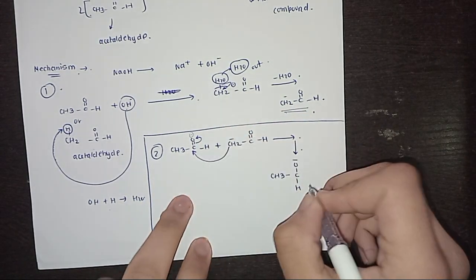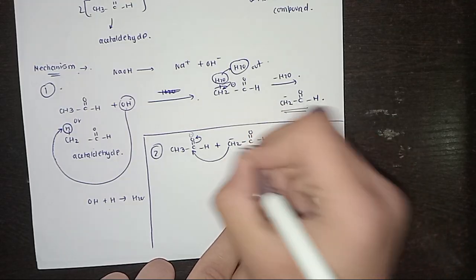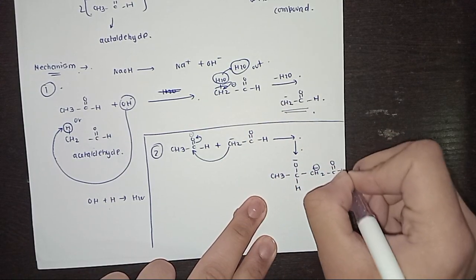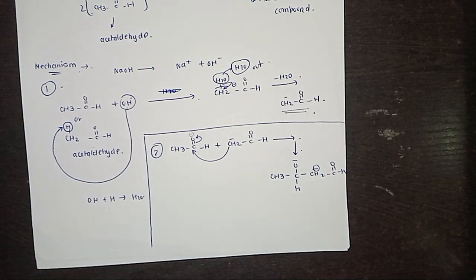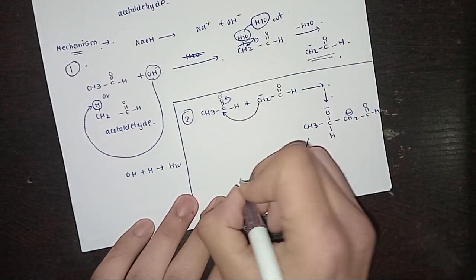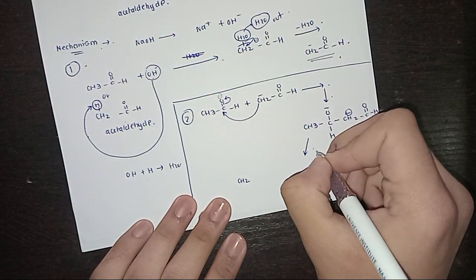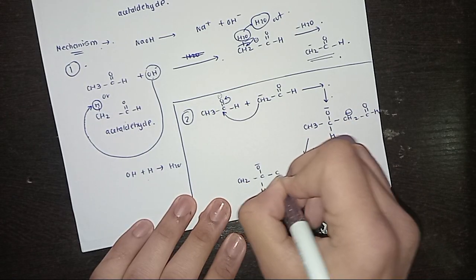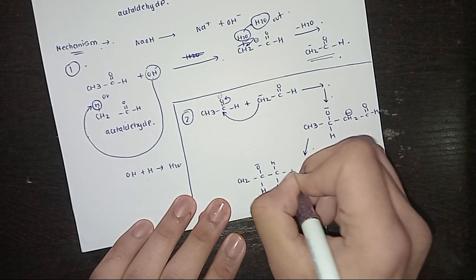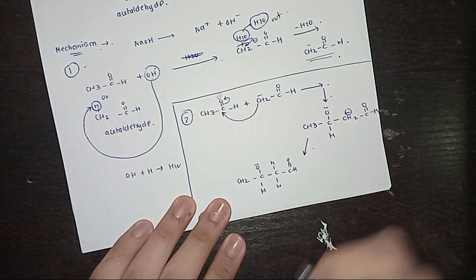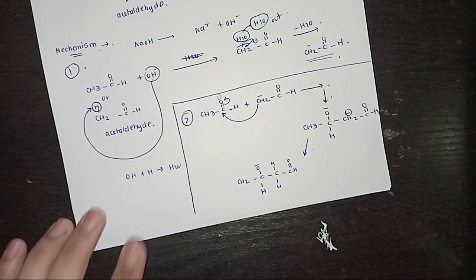And this hydrogen we can write as this, and CH2 will join here, negative, and C double bond OH. Okay, now what will happen, we can openly write this compound as this, negative H and CH, H, CH, C double bond OH. You can openly write this compound as this.